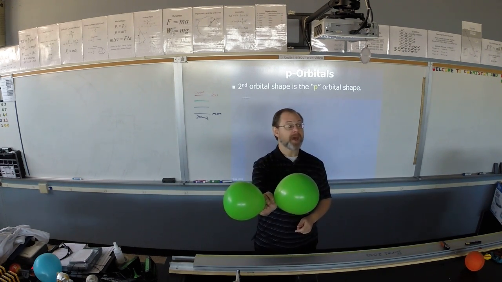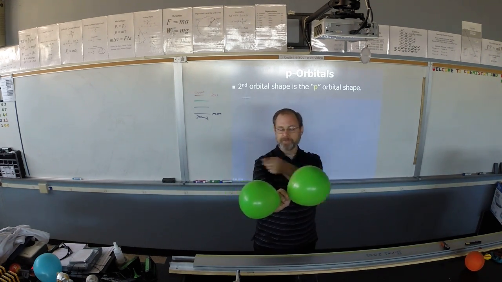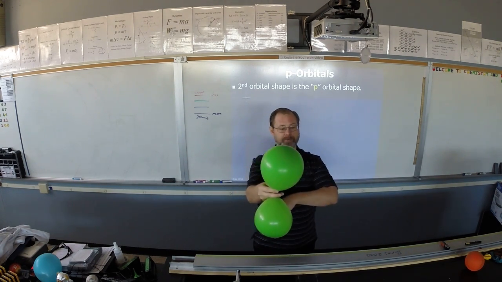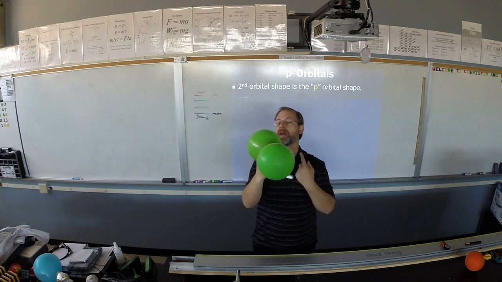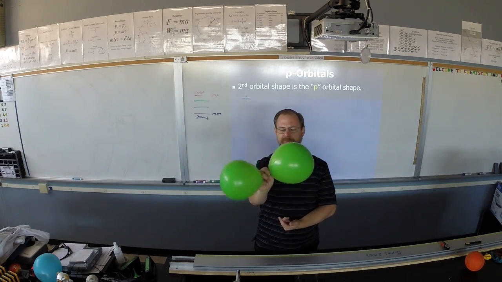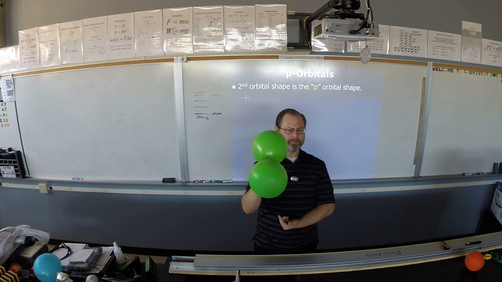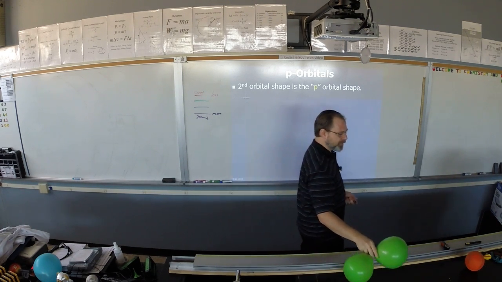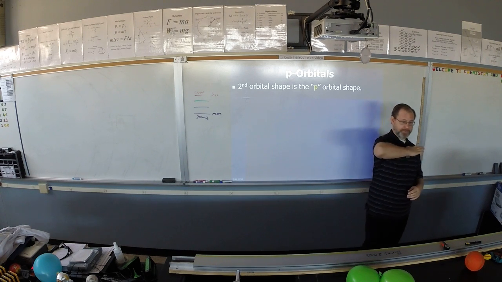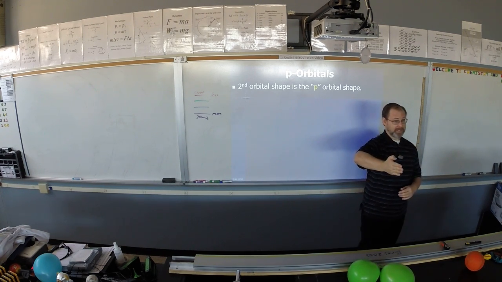So this is called the px, x-axis. This is called the py, y-axis. And this is the pz, z-axis. Can you see that in your mind's eye, that you can have a px, a py, or a pz? So there are three different types of p orbitals: the x, the y, and the z.